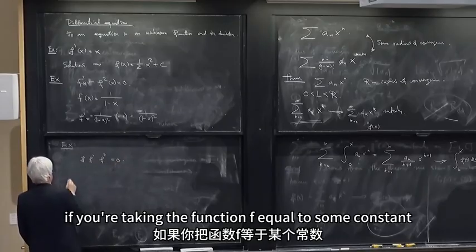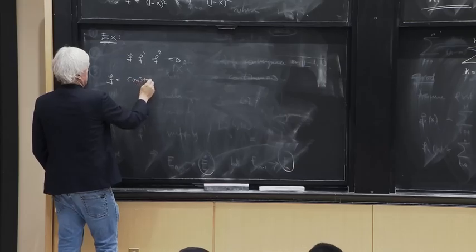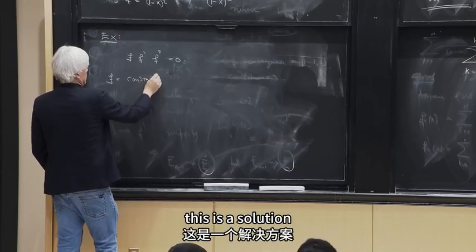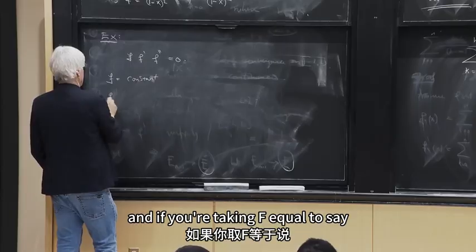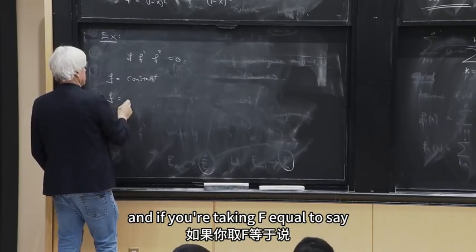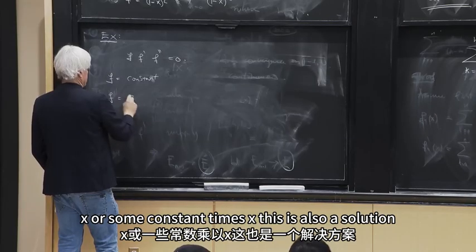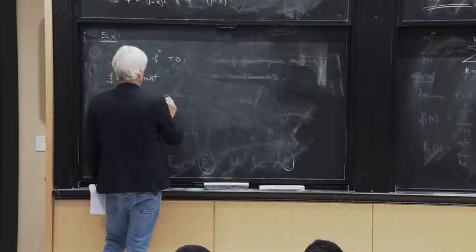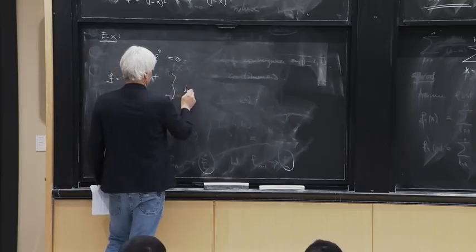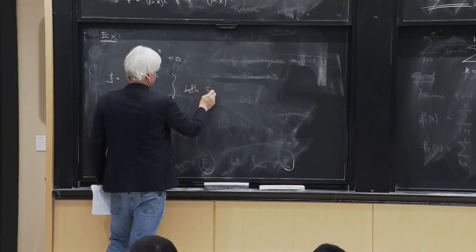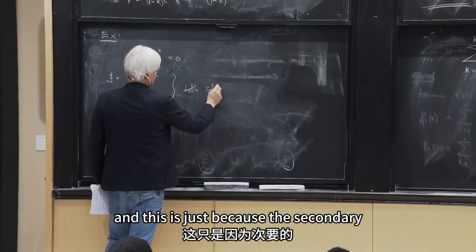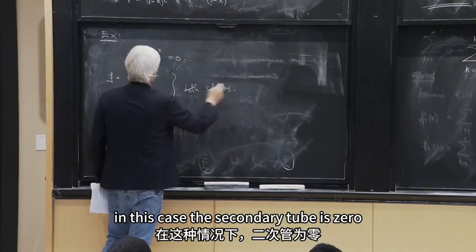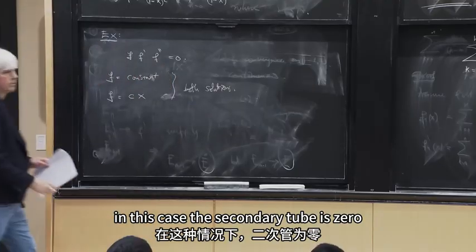If you're taking the function f equal to some constant, this is a solution. And if you're taking f equal to, say, x, or some constant times x, this is also a solution. They're both solutions. And this is just because, in this case, the second derivative is 0.